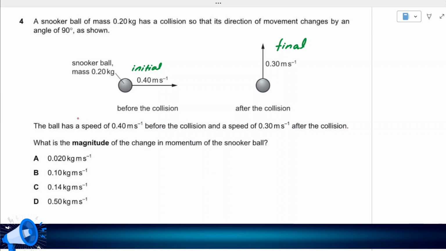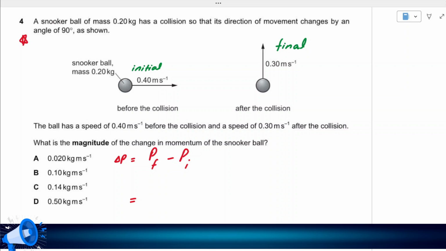Now, change in momentum is final momentum minus initial momentum. So you need to subtract the two vectors. Now, they are not in the same direction and not even in the opposite direction, so you cannot simply add or subtract. This is a tricky part here.